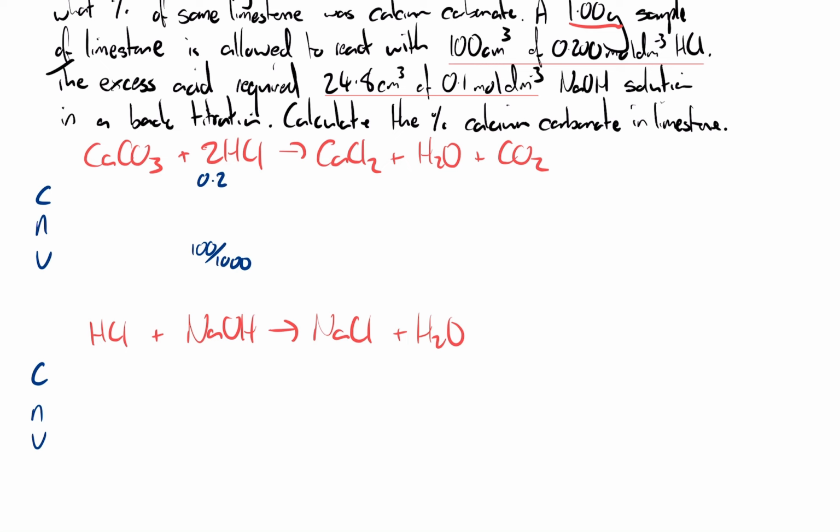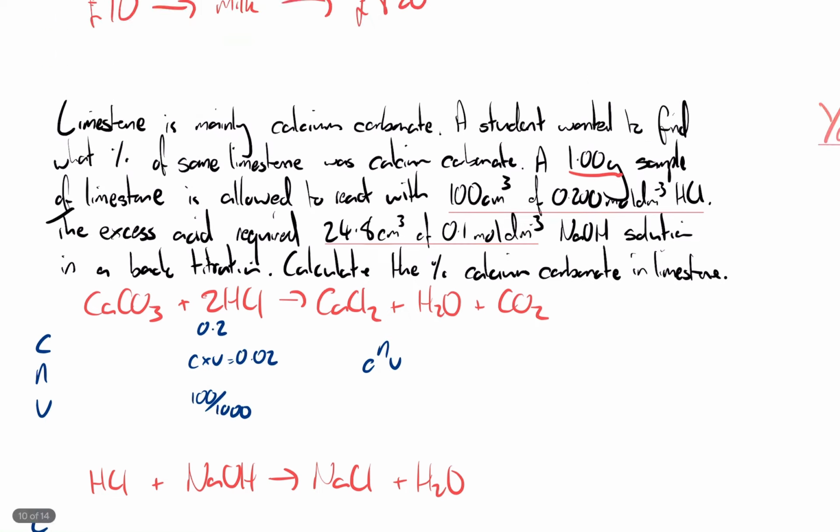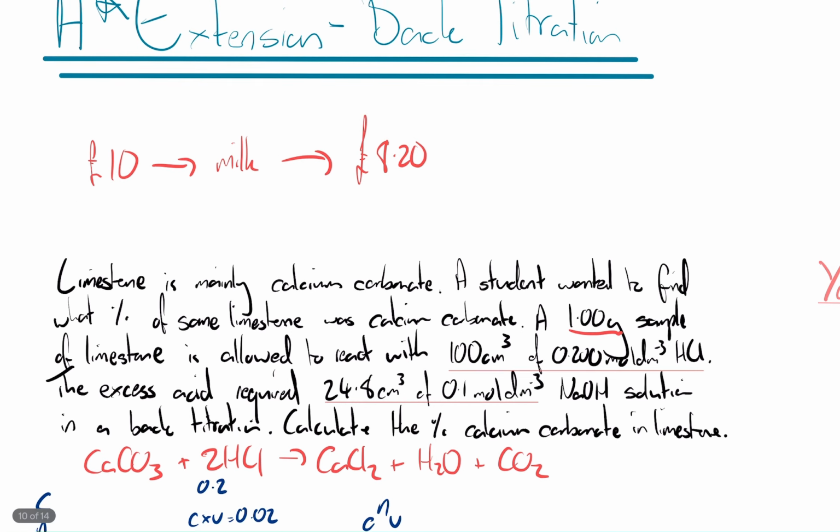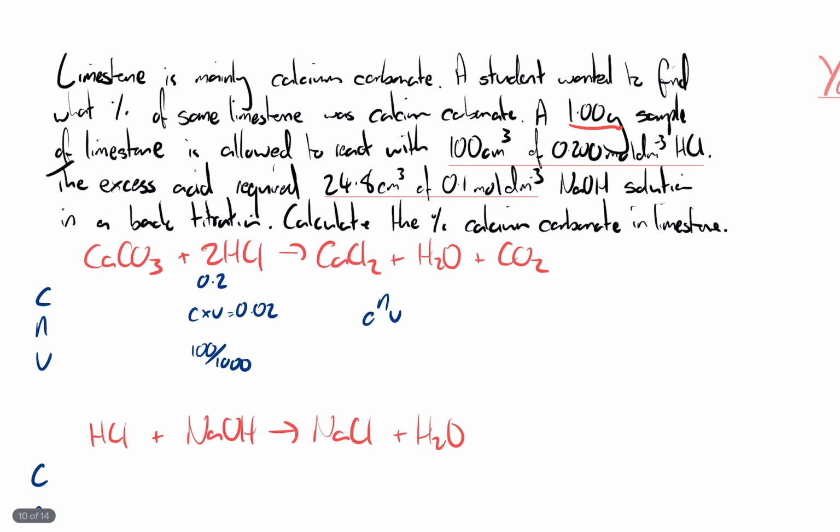We're going to do concentration times volume, and there we get to 0.02. So if we use our analogy, this is our £10. This is our excess. We need to work out what our change is.